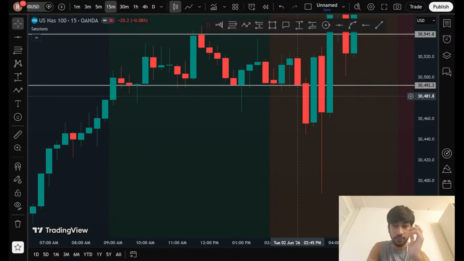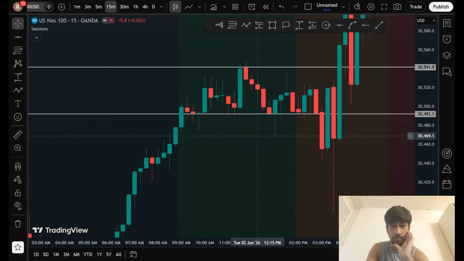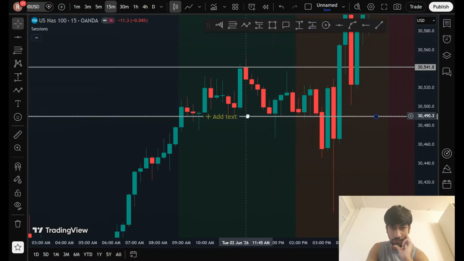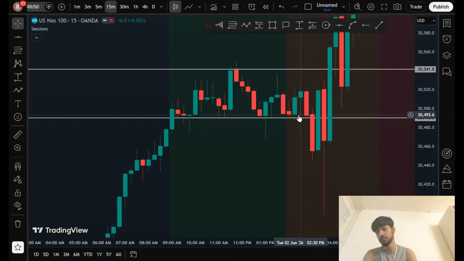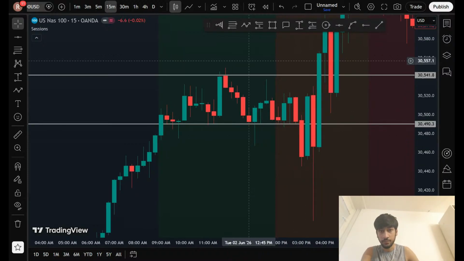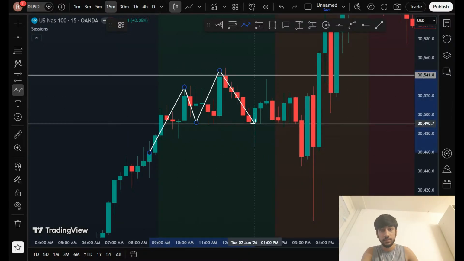We consolidated too much, and it's around NYSE time, and we formed support. If you want to take risk, this was also a good time when price moved up, broke below the low. It's the same setup every time. We consolidated, we broke below, we just sold.